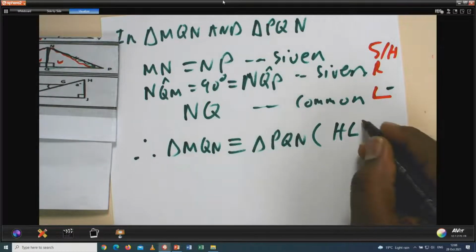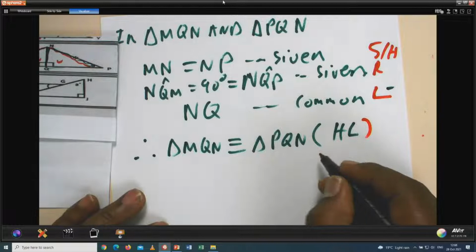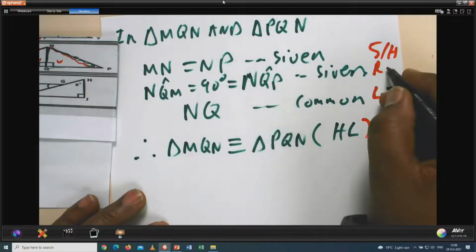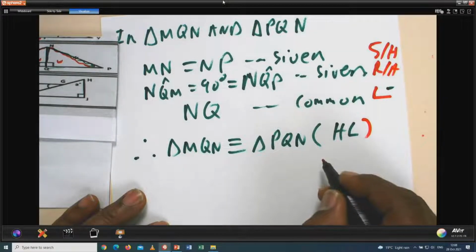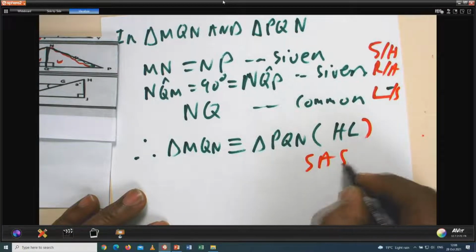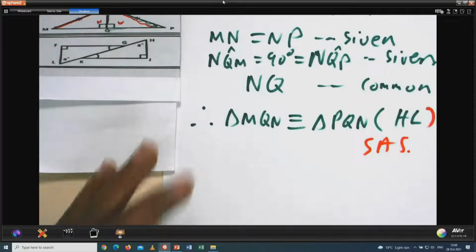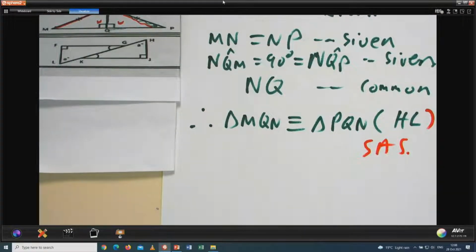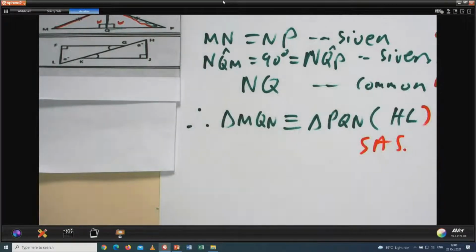It's up to you. You can say hypotenuse and a length, or you can say side, angle, side. Therefore, your three conditions are holding.